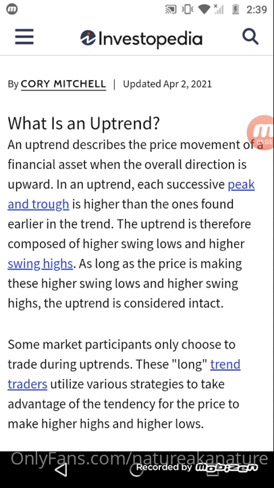The uptrend is therefore composed of higher swing lows and higher swing highs. Let's read the definition on Investopedia. As long as the price is making these higher swing lows and higher swing highs, the uptrend is considered intact.